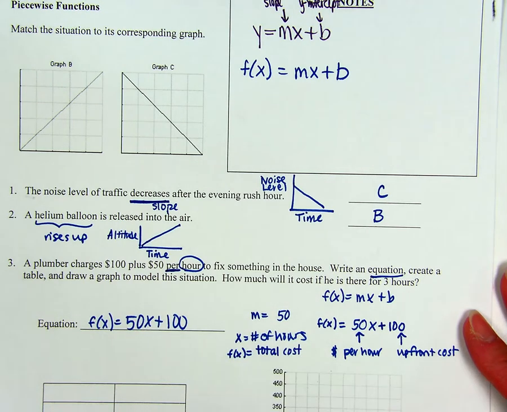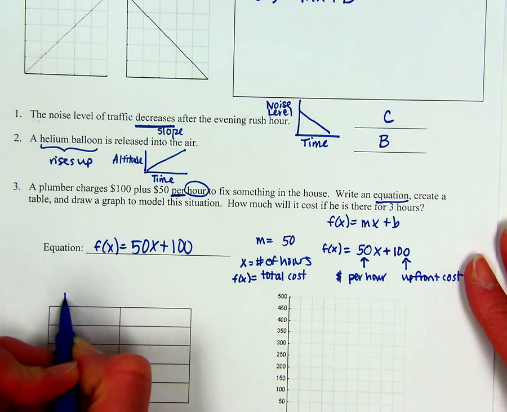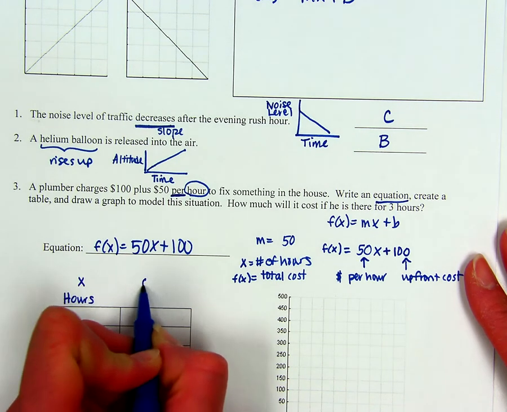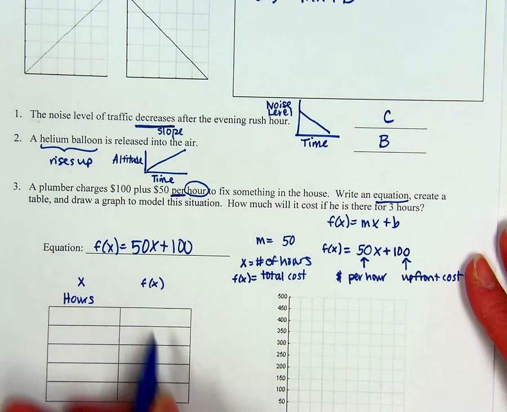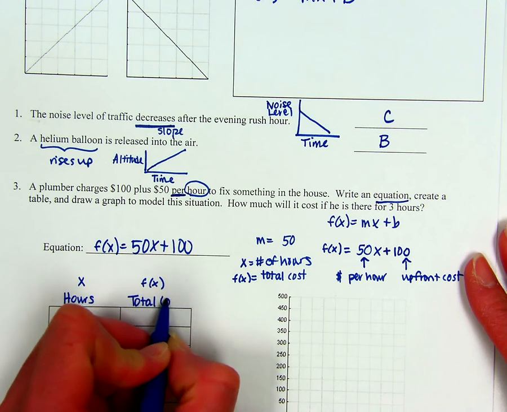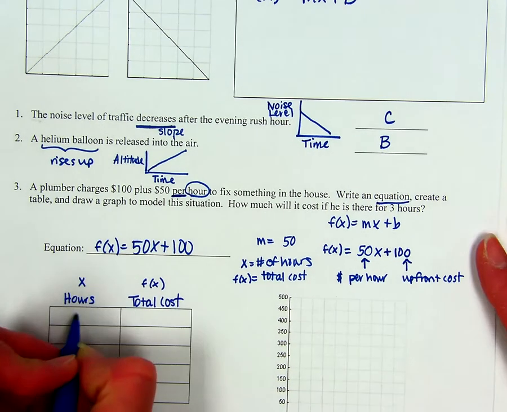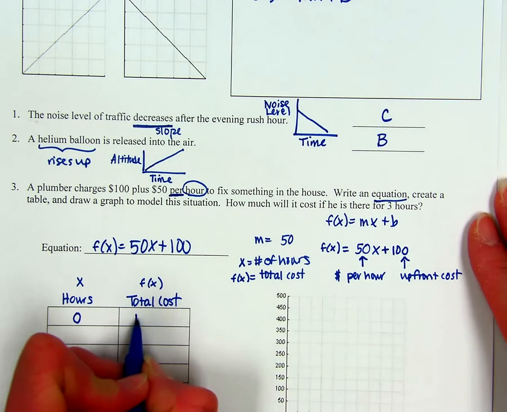All right, so in my table of values, I'm going to say we have hours, which is our x, and instead of y, I'm going to use f of x, but it's the same thing. Remember, f of x equals y, and that's our total cost. All right, so if I start off with 0, just for the plumber to come to my house, I'm going to pay $100.